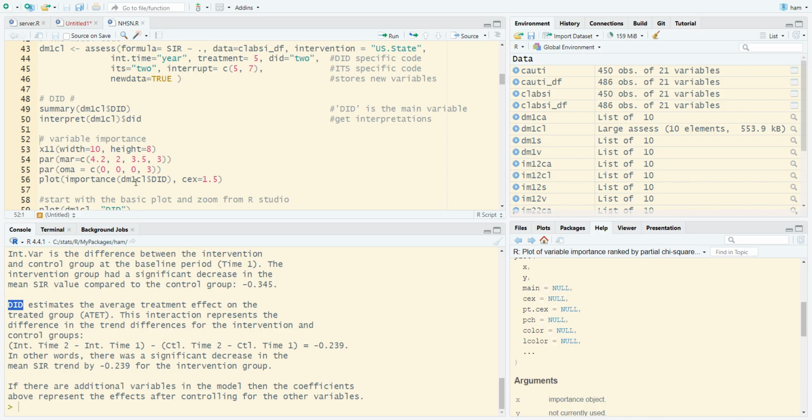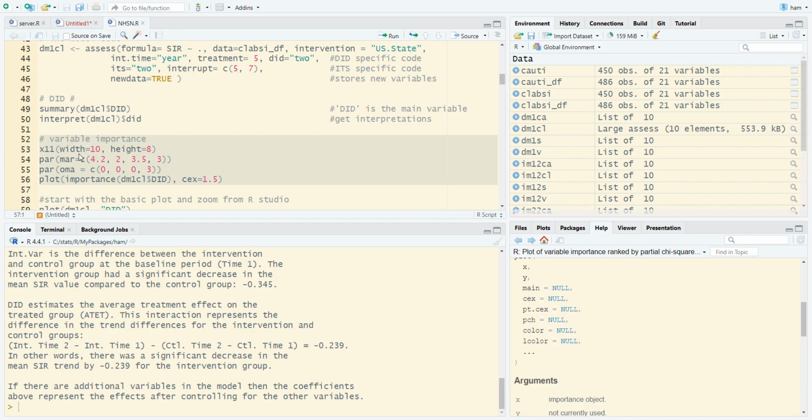Okay, so now that we have our interpretations, we may want to graph these. We may want to know which coefficients had the biggest impact on our outcome. In other words, which was the more important variable. So we'll create a variable importance graph. I'm just going to highlight this set of code.